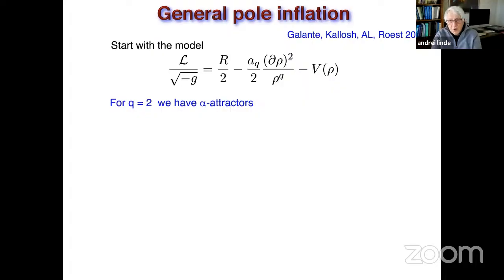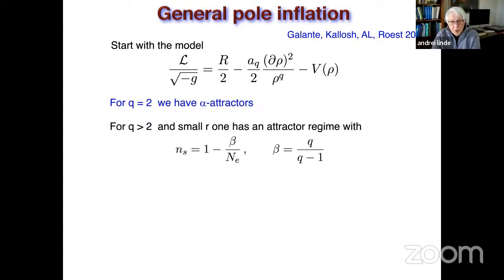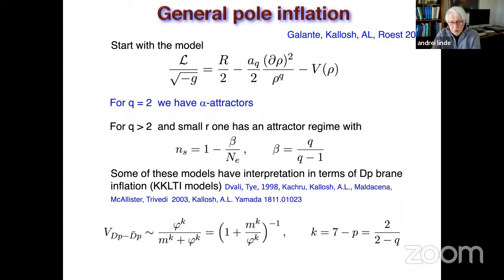Previously, when you have non-minimal kinetic terms with a parameter q equal to 2, that generated alpha attractors like this model. This would correspond to these E-models generalizing Starobinsky. But if q is greater than 2, then these models are produced in a similar way, but they actually have a polynomial type of structure.